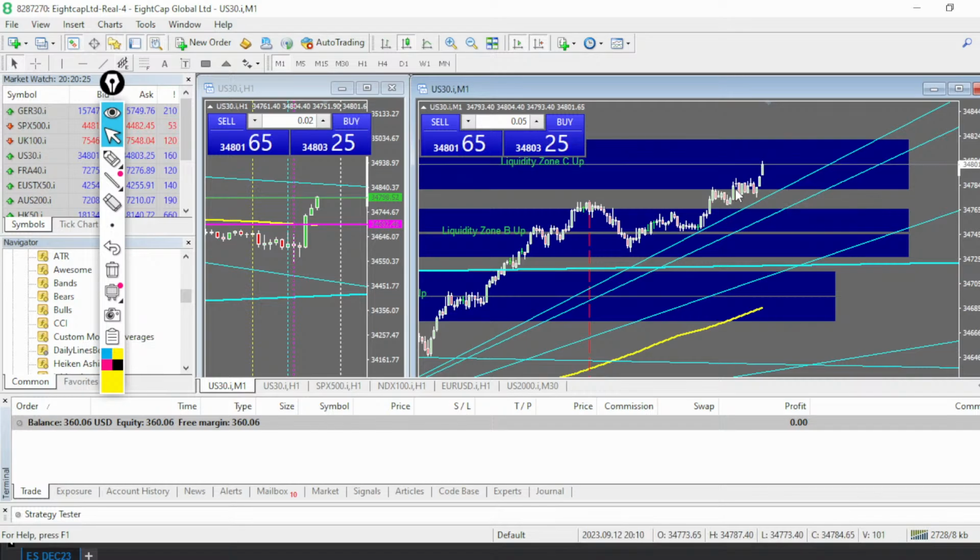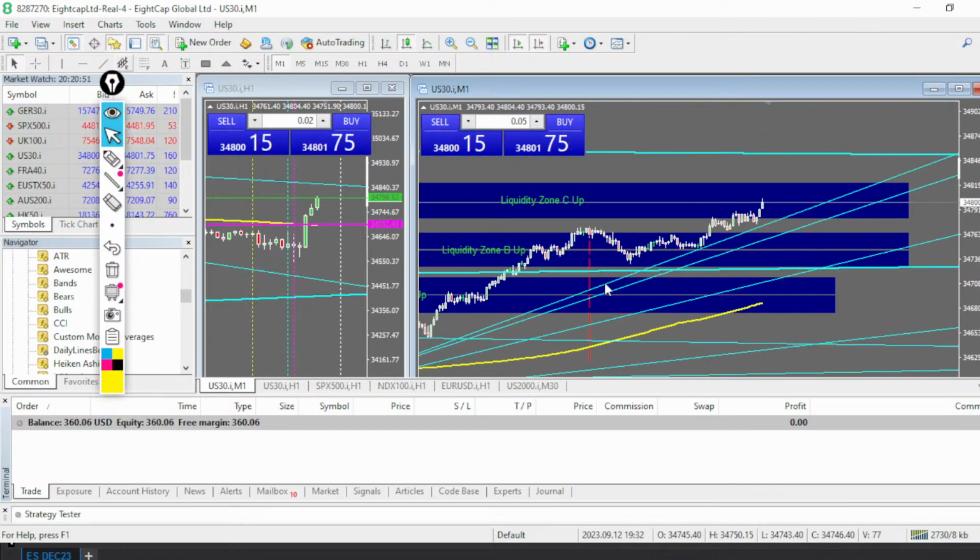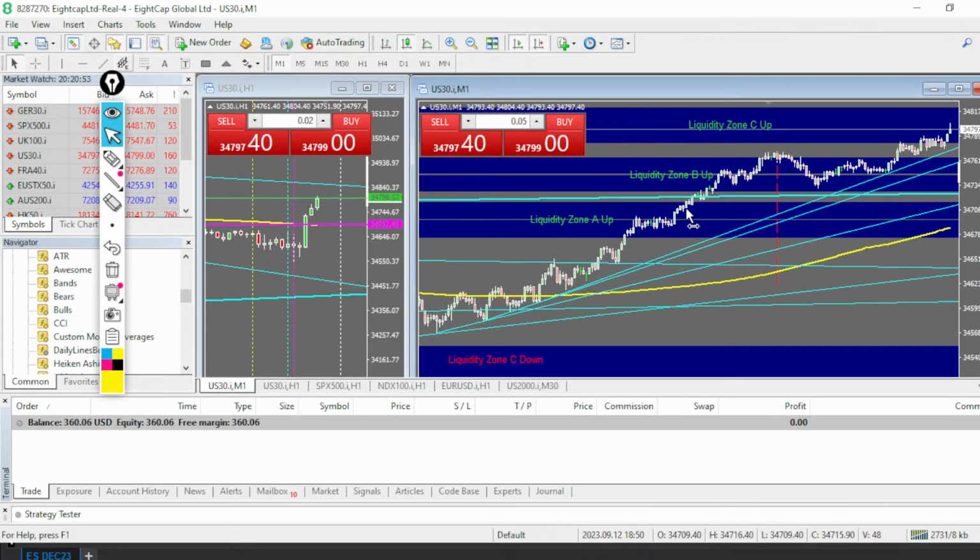It looks like price left behind a gap here and a gap here. On the 1 hour time frame, we got to that high. So this could be one of those levels where price could be rejected to the downside. So I'm going to wait and see.